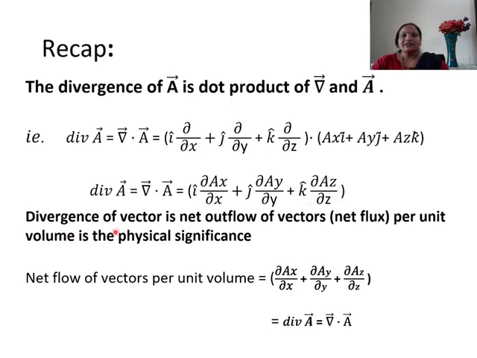And divergence of a vector is net outflow of vectors, net flux flow per unit volume, which is the physical significance of divergence of a vector. The net flow of vectors per unit volume is equal to ∂Ax/∂x plus ∂Ay/∂y plus ∂Az/∂z and is equal to divergence A is equal to del dot A.